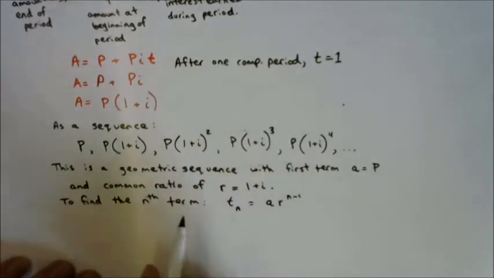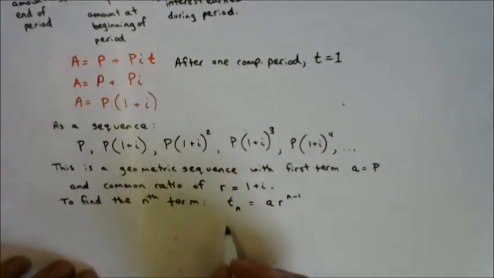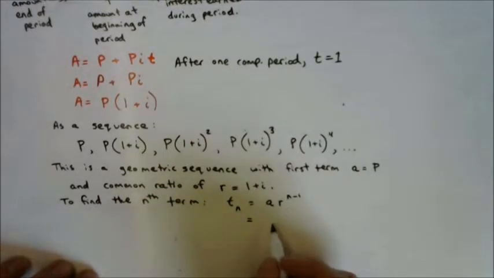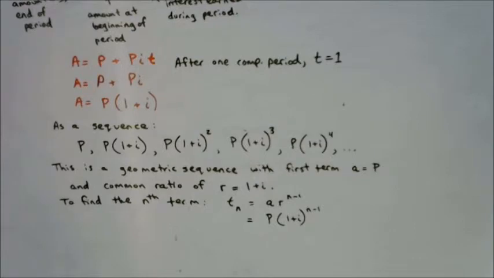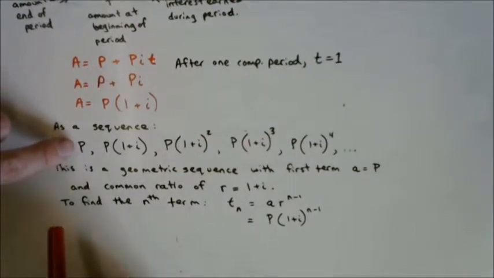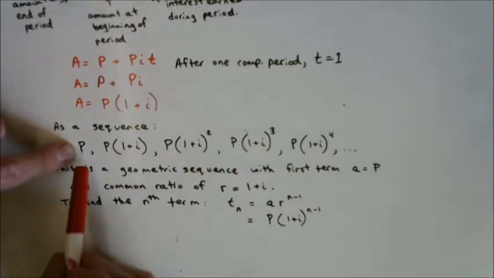And now we can sub in these things that we know. To find the nth term, we know a is P, and we know r is 1 plus i, and then we have n minus 1 up here. Actually, I'm going to backtrack mentally just for a second and change one little thing that we did here. This is the amount before a compounding period happens.